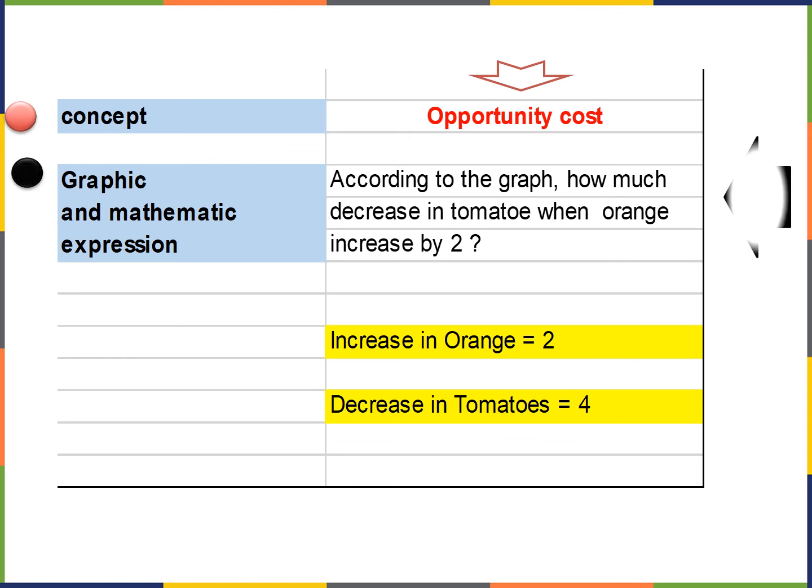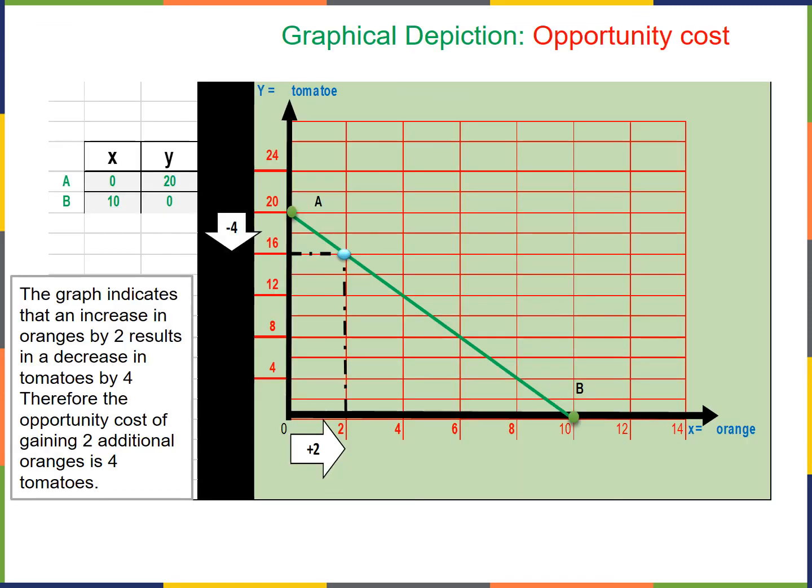Okay, let's look at the graph. Here, if I go from 0 oranges to 2 oranges, that means that I have increased the quantity of oranges by 2, as indicated in your graph. That will result in losing 4 tomatoes, meaning that I go from 20 to 16 according to the graph.